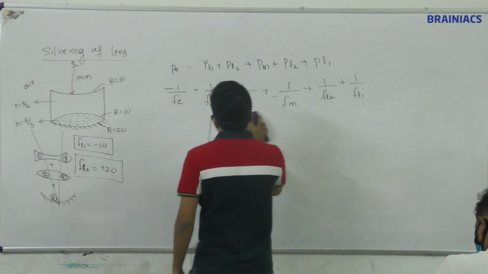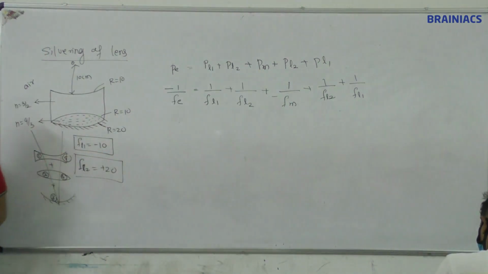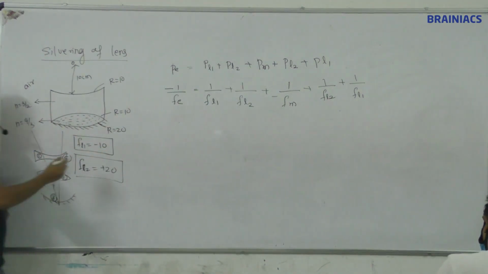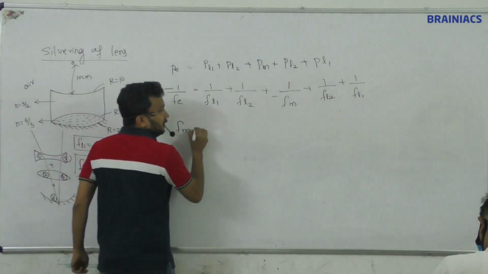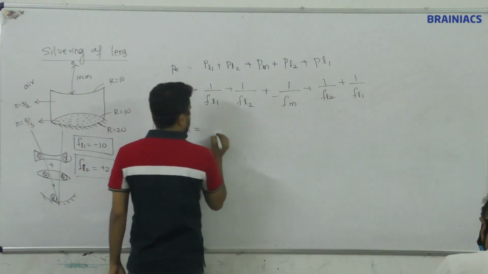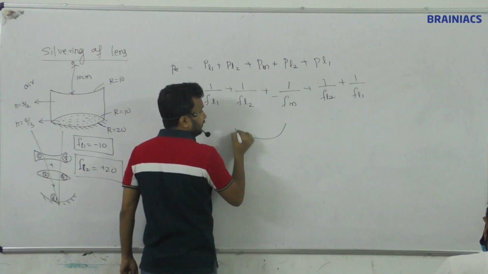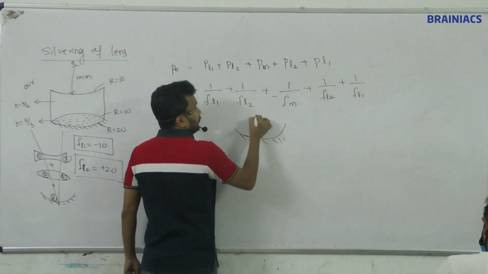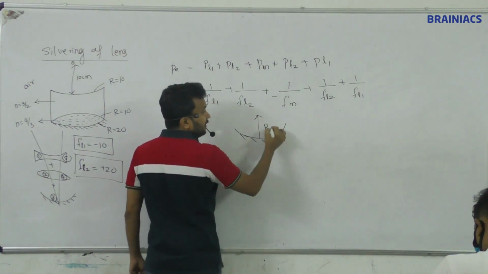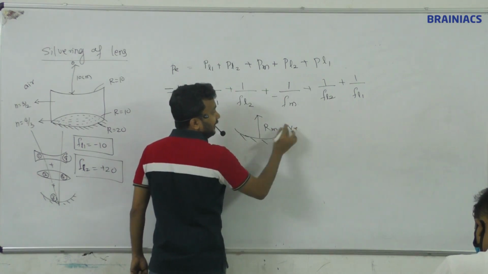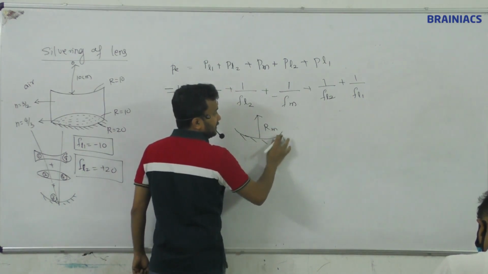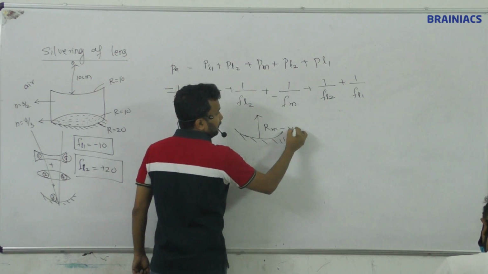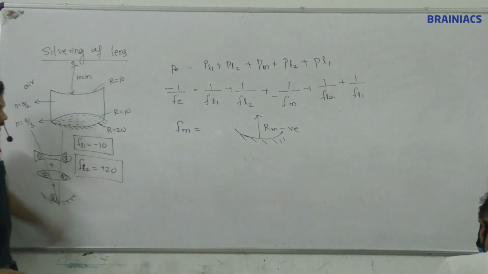F mirror. We need F mirror. F mirror, what type of mirror is this? F mirror is a concave mirror like this. So this is R. RM is what? R is negative, upside, correct?